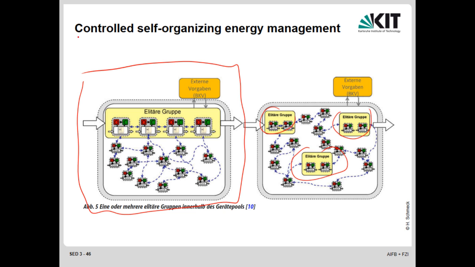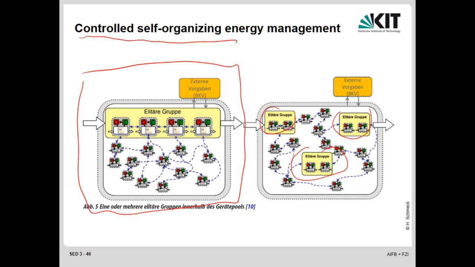So we have some kind of controlled, self-organizing energy management. Controlled in a way means that we can ask them to do something, to provide more power or to reduce the power consumption, and they will do it locally. And there will also be ways, if it's necessary, to control devices directly, but the devices can perform this balancing in a widely self-organized way.